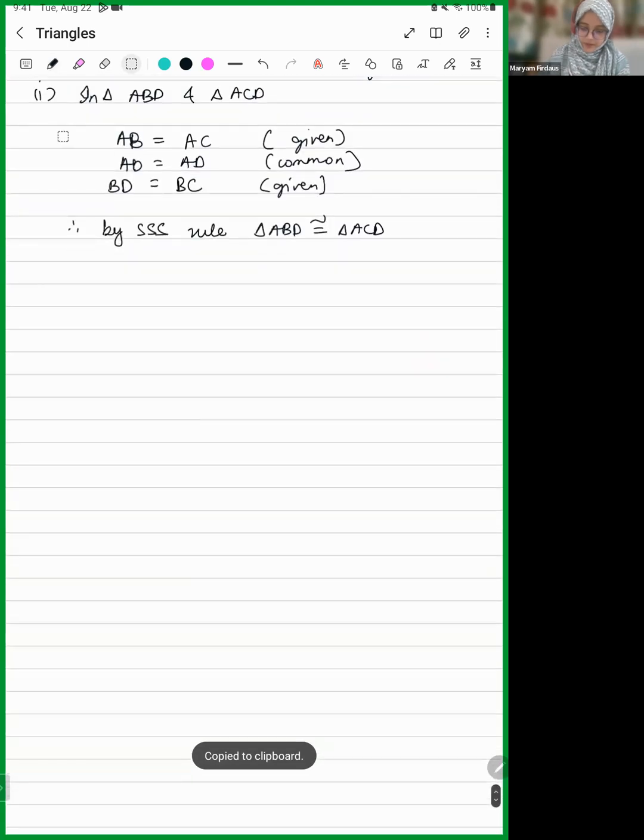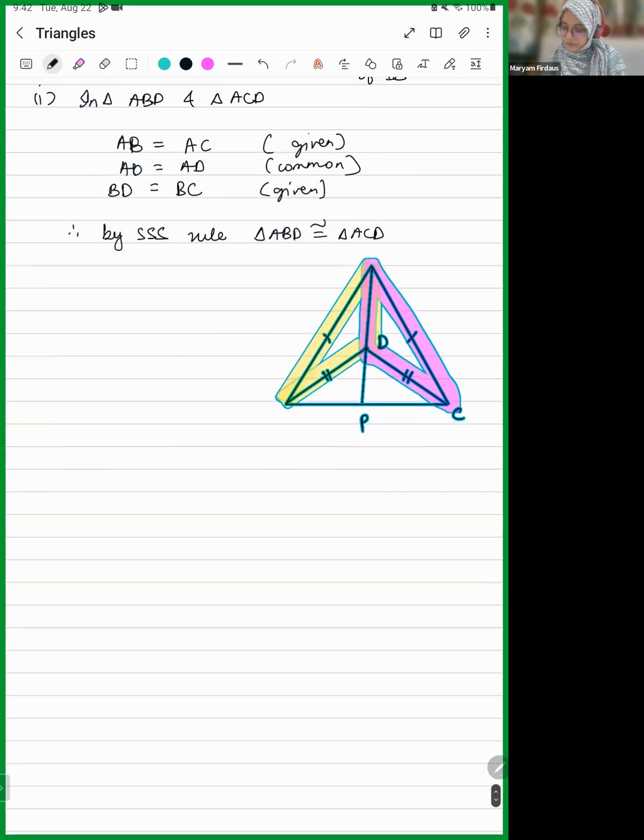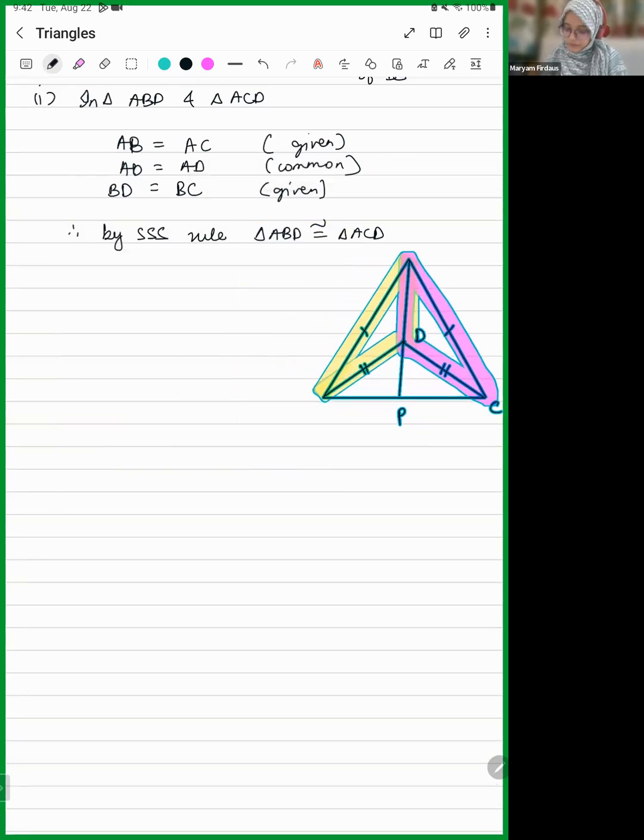Now the second part. We have to show that triangle ABP and triangle ACP are congruent.